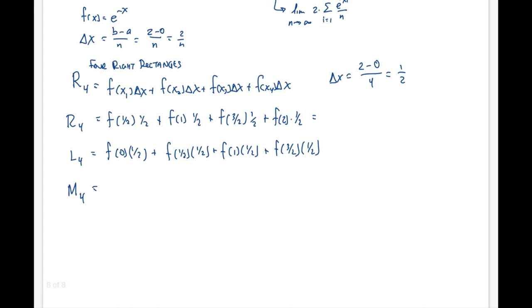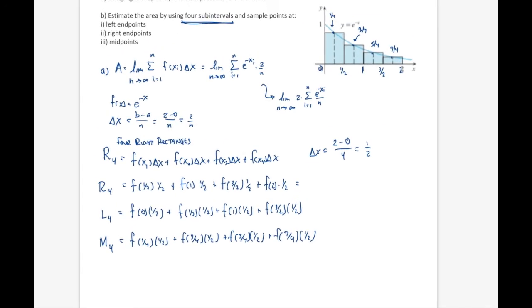So for middle rectangles, we get f of 1/4 times 1/2 plus f of 3/4 times 1/2 plus f of 5/4 times 1/2 plus f of 7/4 times 1/2. And we could again evaluate that in the calculator.